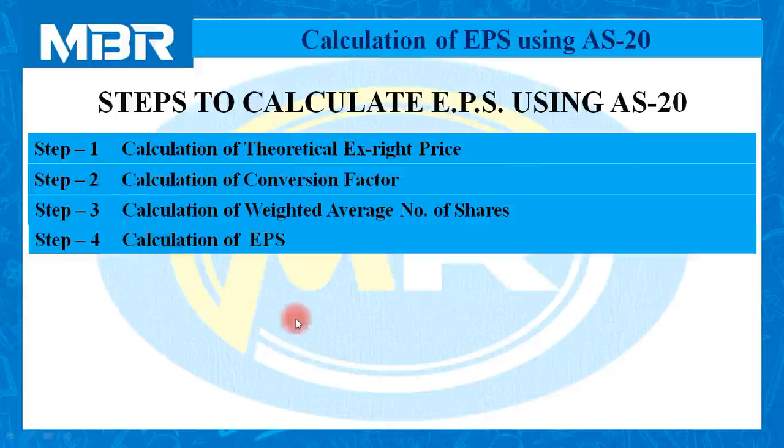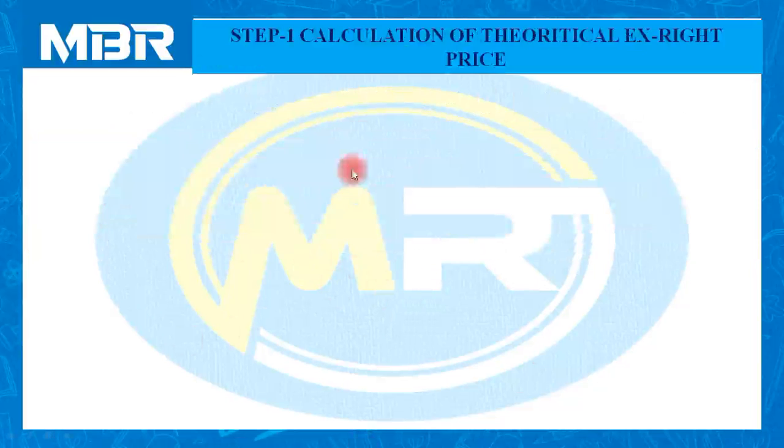Step number 1 is all about calculation of theoretical ex-right price, that we will discuss in detail. Step number 2, calculation of conversion factor. Step number 3, calculation of weighted average number of shares. And last step, that is our answer, calculation of EPS. Let us move to step number 1.